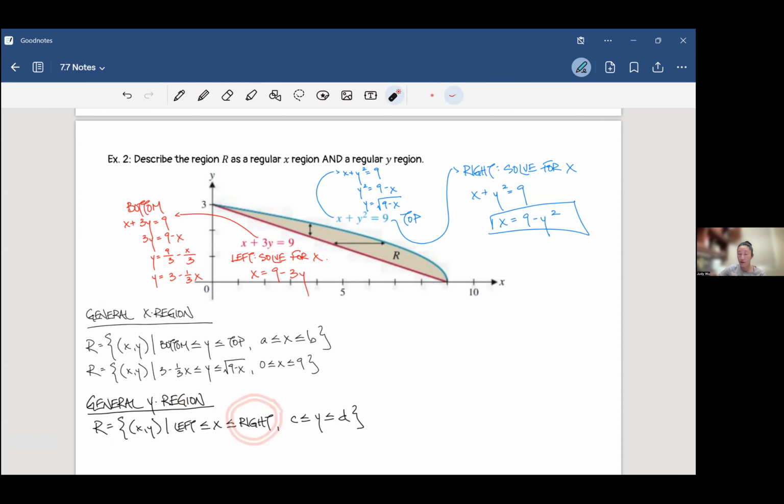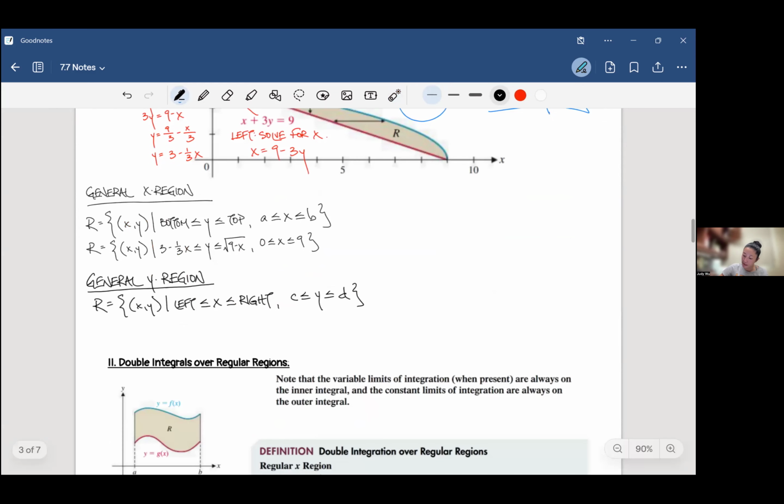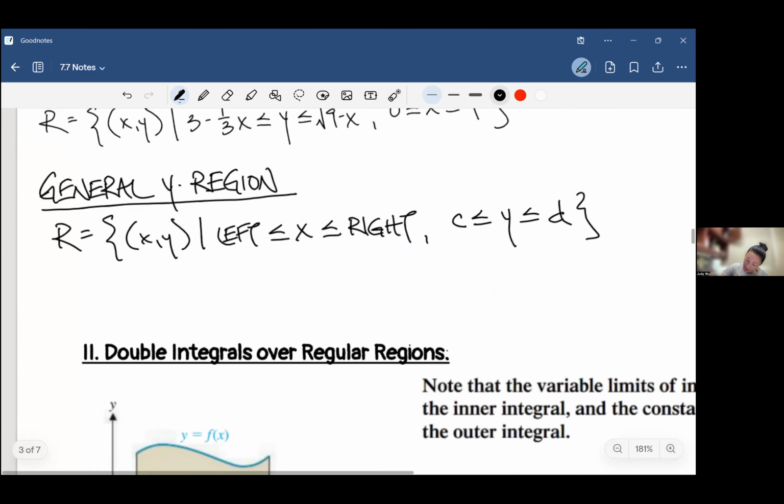The last thing we should do before we scroll off the screen with the diagram is figure out the values that bound our y. I see that the bottom of this region starts at y equals 0, and the top of this region ends at 3. That means my c is 0 and my d is 3. So let's write that all in.